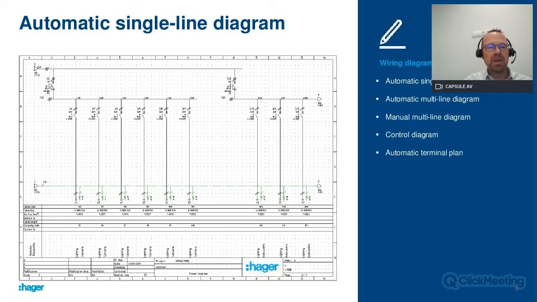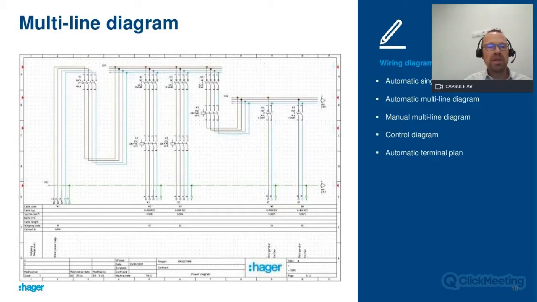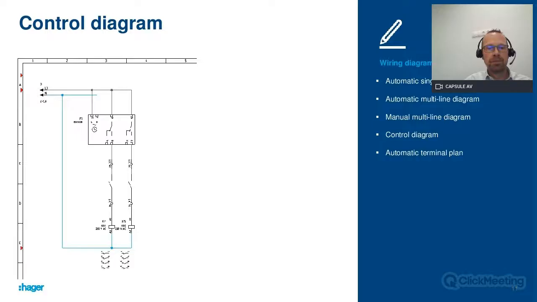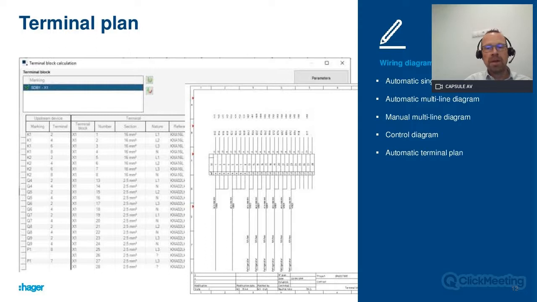So this is the automatic single line diagram. Here we can see the automatic multi-line diagram. We can also create control diagrams with more details. And finally, the automatic terminal plan.